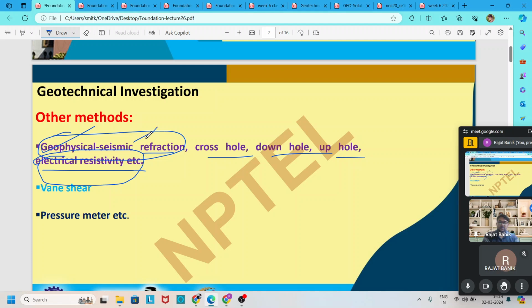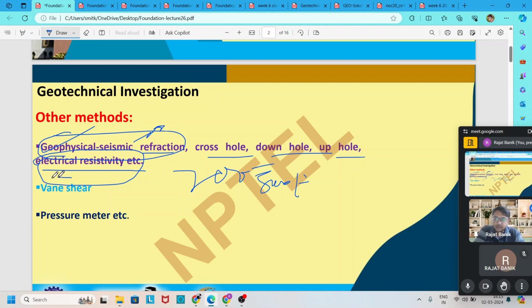These tests are non-destructive tests, and by these tests we can find out the properties of soil up to a larger depth, like 200 meters or 500 meters below the ground surface.